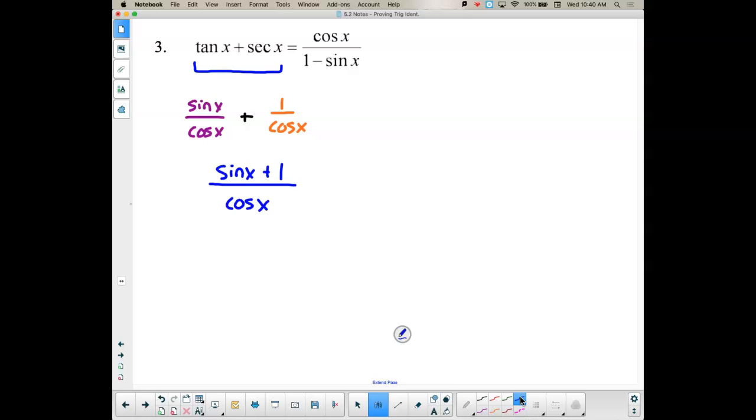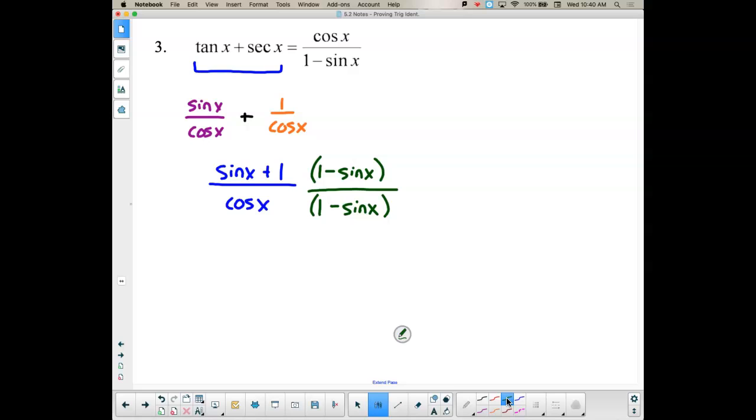Okay? So if I multiplied by 1 minus sine of x over 1 minus sine of x, have I changed anything? Why not?